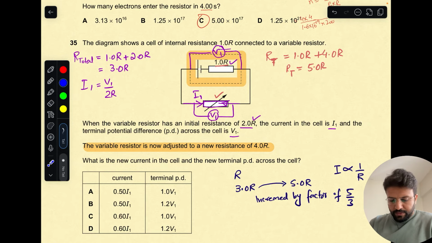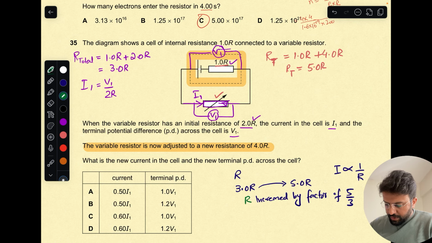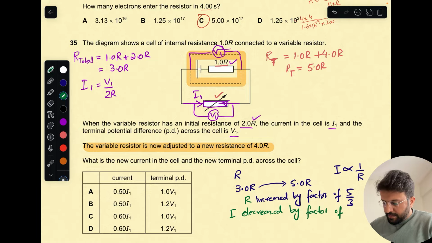So it means the current should decrease by the same factor, 5/3.